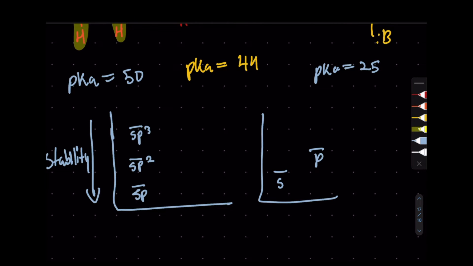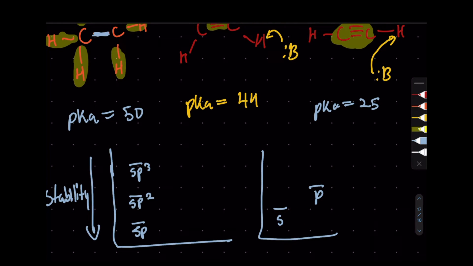So the more p percent character, the less stable it is. So that concludes hybridization.